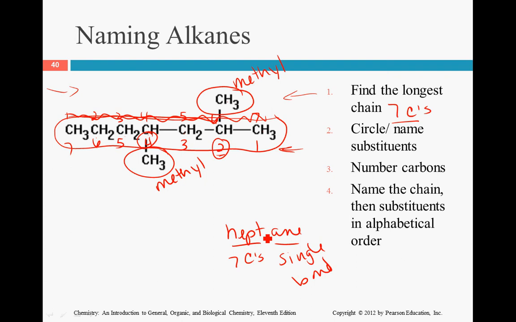On carbons 2 and 4, we have a methyl on each of them. So it's going to be dimethyl. 2,4-dimethylheptane. 2 and 4 are the carbon numbers.